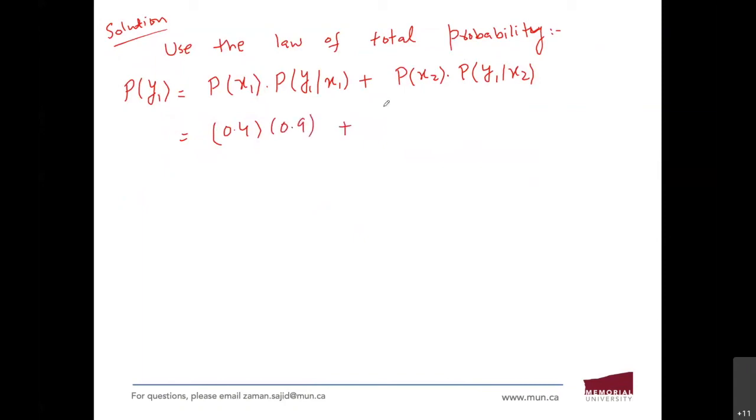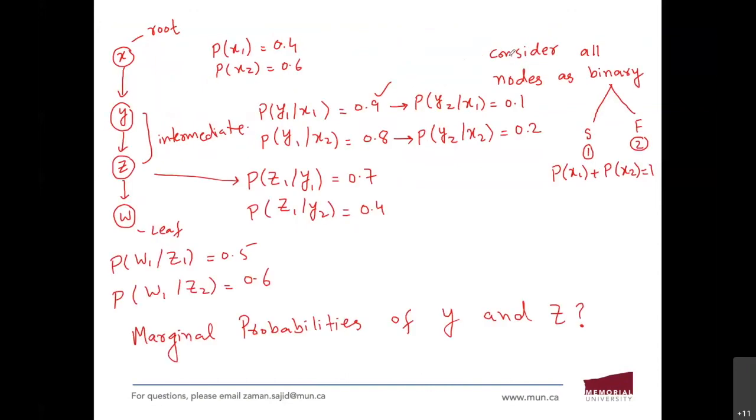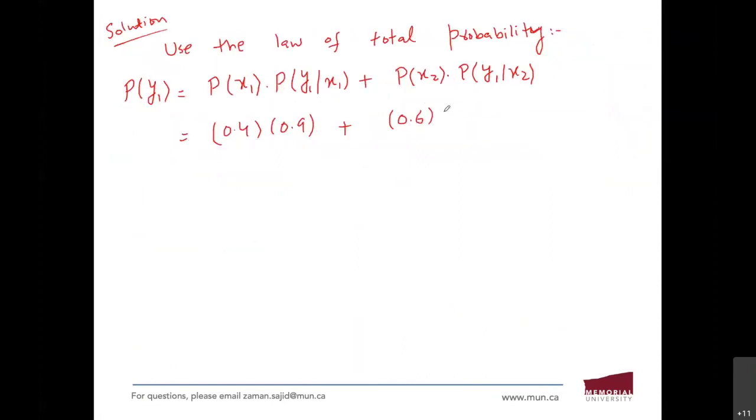And plus the second state, it should be 1 minus 0.4, which is 0.6, times the probability of y1 given that x2. If I take you here, this is 0.8. So once you solve it, you will get your marginal probability of the y1 state as 0.84.